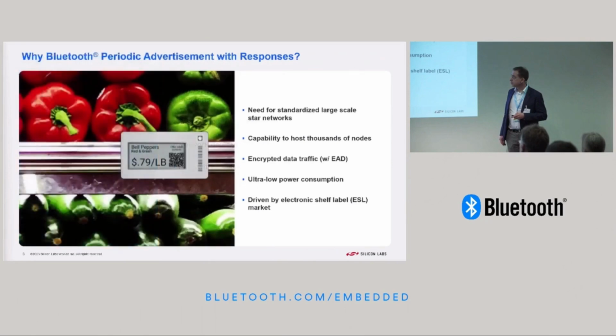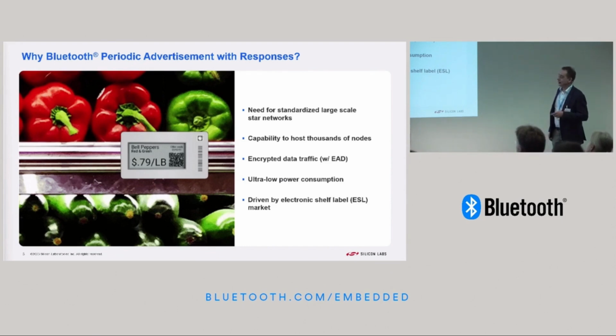All right, let's look at why Bluetooth defined this periodic advertisement with responses. Obviously, there's a need. The first need is a standardized two-way star network, which was not the case before. It needs the capability to host thousands of nodes. I will come back later to how many nodes you can actually call from one access point.